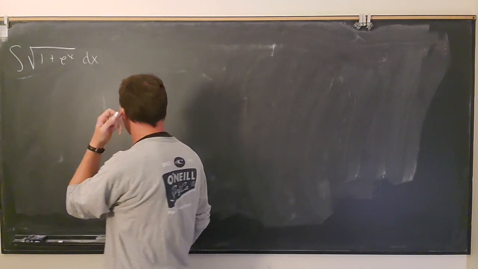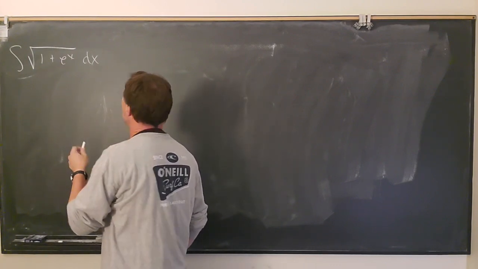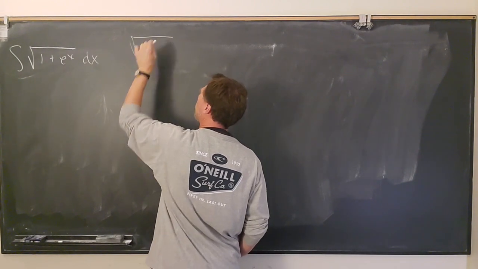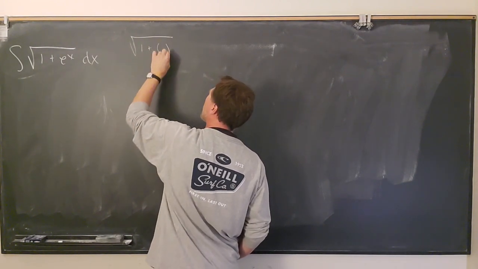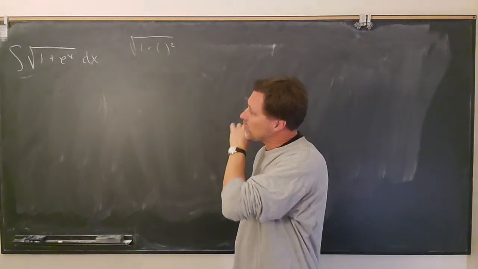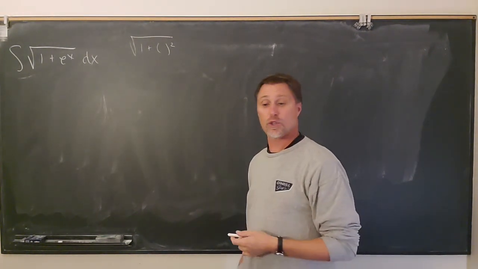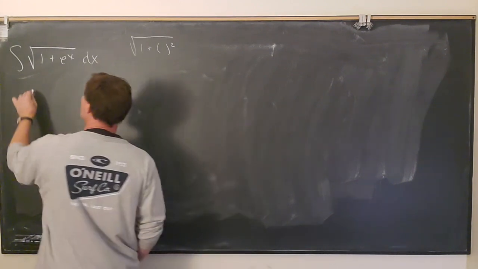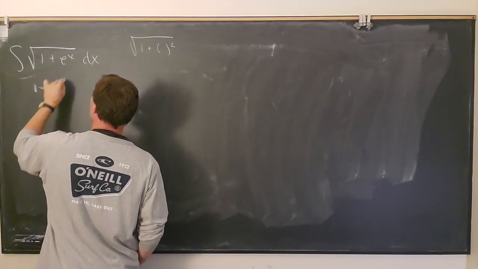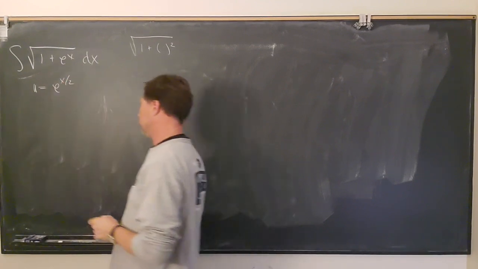Now, I'm thinking trig substitution, but remember, a trig substitution really needs something of the form 1 plus something squared. And so that's what I want to do, is set this up or turn this into a trig substitution problem. And the way I'm going to do that is I'm going to let u equal e to the x over 2.